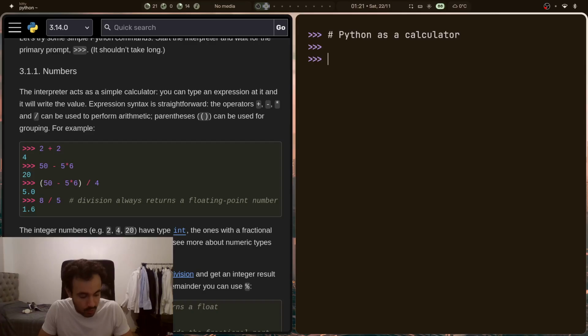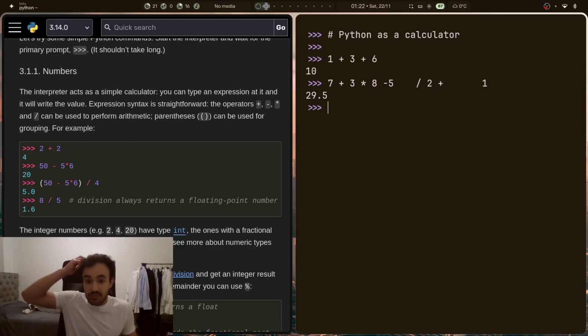Let's look at what you can do with this. You can combine operators in the same expression. So 1 plus 3 plus 6, right? That equals 10. So it doesn't just have to be one number and another number, and that's the only limit. It's actually limitless. You can do 7 plus 3 times 8 minus 5 divided by 2 plus 1, and that's going to give you a valid number.